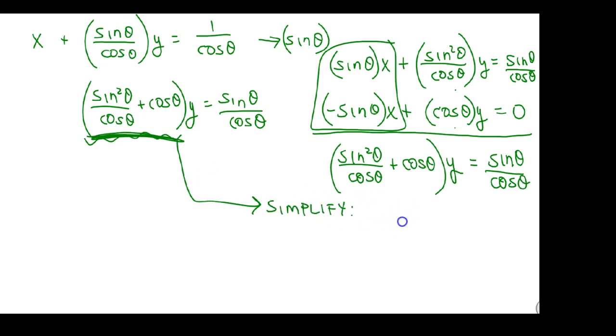Shouldn't be too hard to do because we can add these together, getting a common denominator, changing the second term to cosine squared of theta over cosine of theta. Now I have a common denominator, so I can add the numerators.